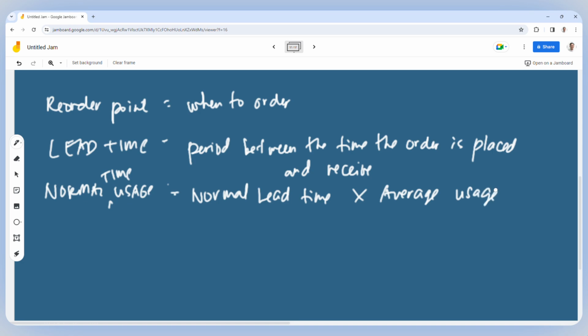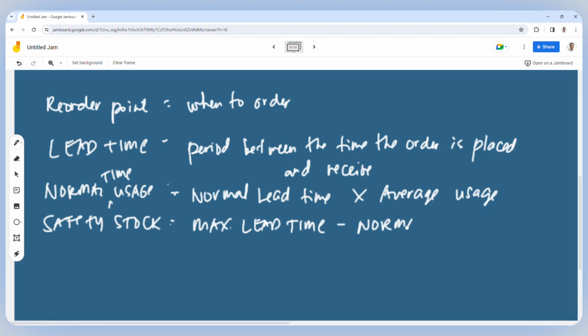Tandaan klasa yung formula, ha? May tinatawag din naman tayong safety stocks. Ano naman to? Maximum lead time minus our normal time, just multiply it by average usage.